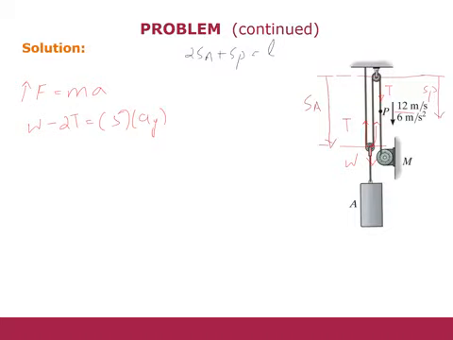We differentiate it, and we again differentiate it. We will get 2a_A plus a_P is equal to 0, right? In this way we will get this a as minus 3 meter per second square, and the minus sign indicates that it is moving in the upward direction. We are taking the positive direction as upward.